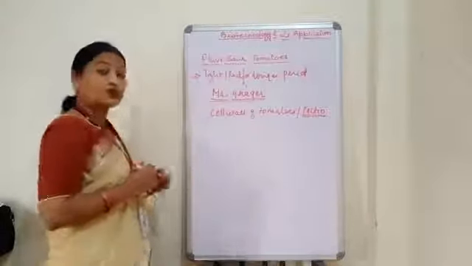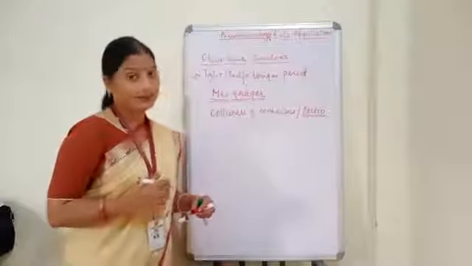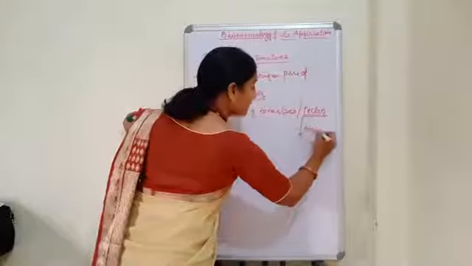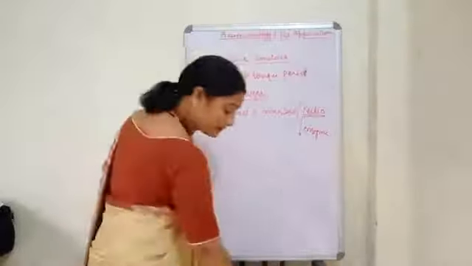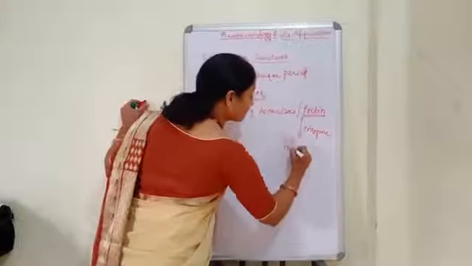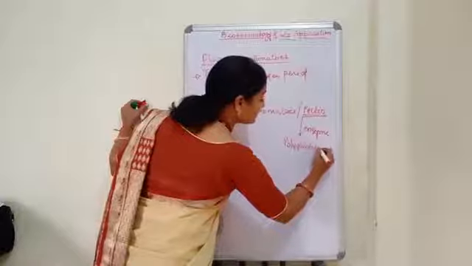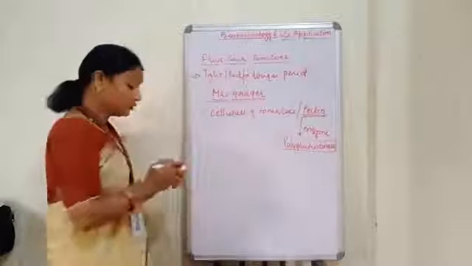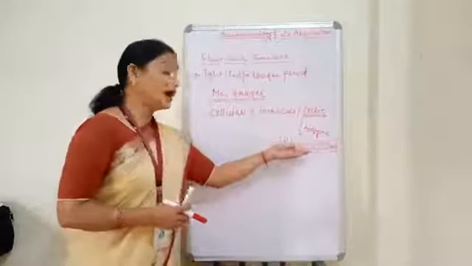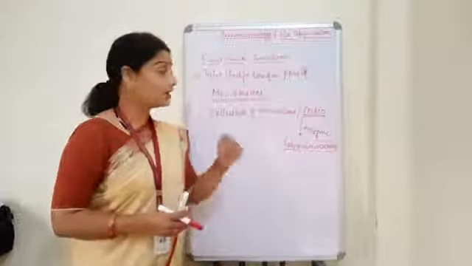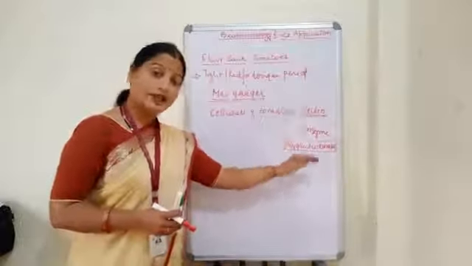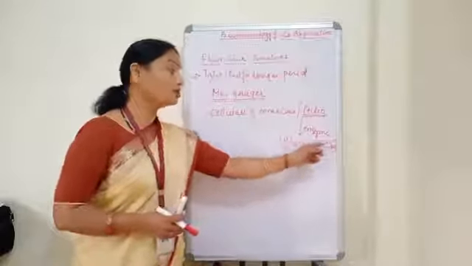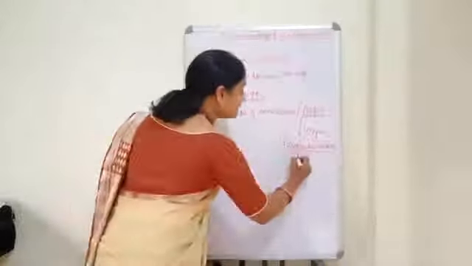To dissolve this pectin, there is one enzyme, and the name of the enzyme is polygalacturonase, also called PG.